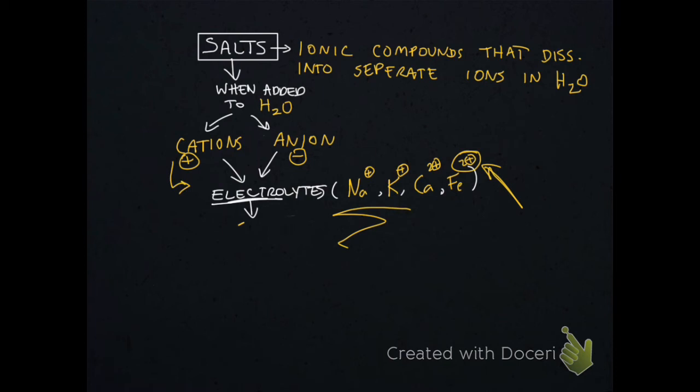Is it a loss or a gain of electrons? Hopefully you said it's a loss of electrons. So if it is a 2+, it's a loss of 2 electrons. What if it was like this? What if we were talking about chloride and it's just a negative? There is an understood 1 there. So that would be an anion, and an anion is a gain of electrons. So that would be a gain of 1 electron.